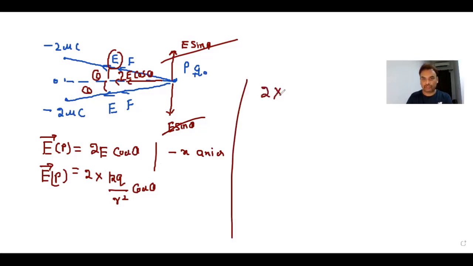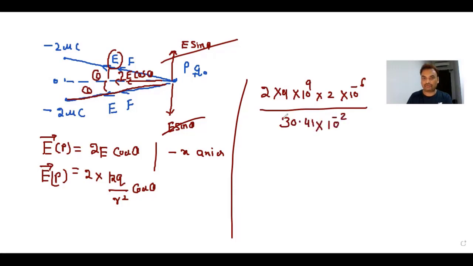So 2 into K is 9 into 10 raised to the power 9, and Q is 2 microcoulomb, meaning 2 into 10 to the power minus 6. And again, R square. If you calculate R, meaning this hypotenuse, that will be 30.41 into 10 to the power minus 2, and then whole square.